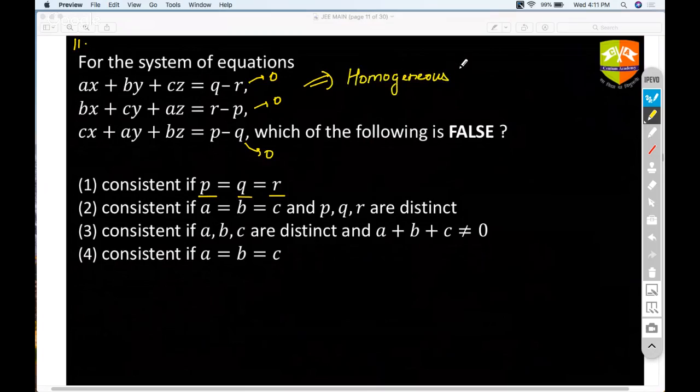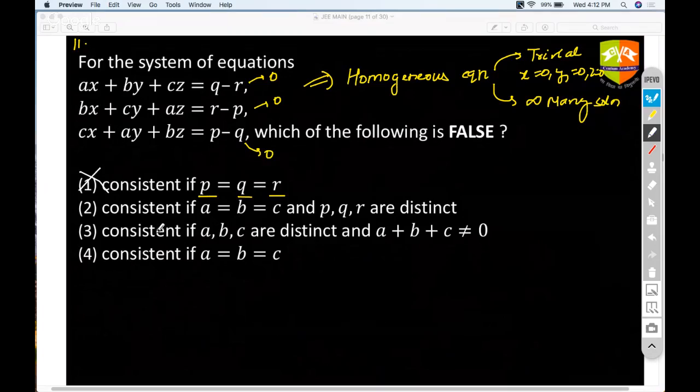And homogeneous equations are always known to have a solution, either the trivial solution that we all know as x equal to 0, y equal to 0, z equal to 0, or they have infinitely many solutions. So the fact that they have solution makes them consistent. So this statement can never be false. This is a correct statement, because if it is consistent, that means it has a solution, right? So when P is equal to Q is equal to R, it will have a solution. So this is a true statement.